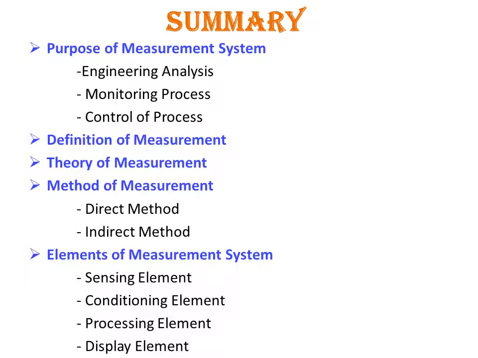Then we saw the basic building blocks of a measurement system. The four basic building blocks are the sensing element, which senses the input from the measured system and gives a signal output; the conditioning element, which involves conditioning circuits to convert the signal output from sensors into a suitable form for processing; the processing element, which finds the secondary variables from the measured variable; and finally the display element, which will display or store the measured value for the use of the observer.